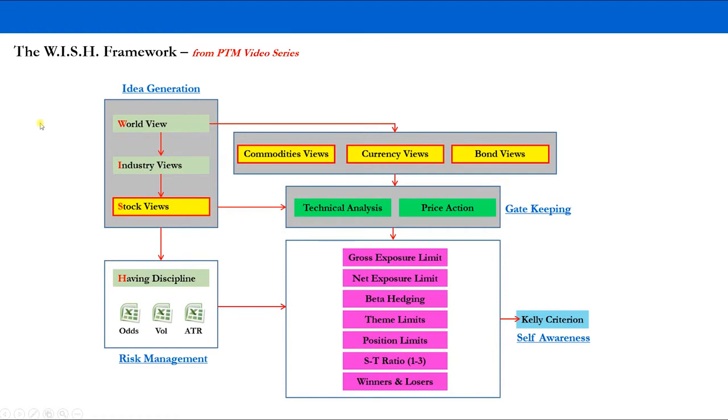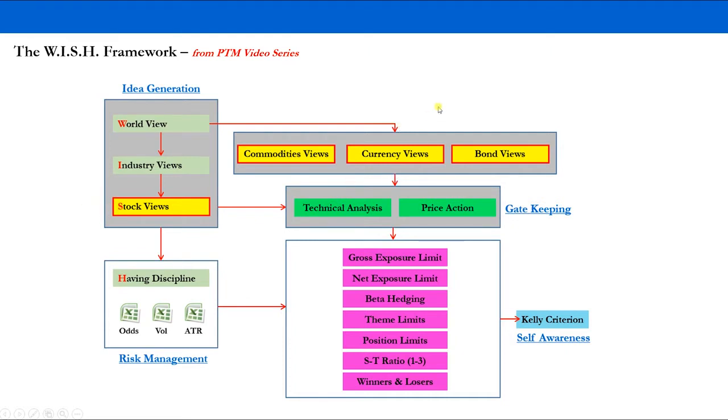And we start off with a top-down macroeconomic analysis because our worldview is driven by macroeconomic drivers. And then we overlay this with a bottom-up analysis because our drivers in the microeconomic analysis are driven by our micro drivers on industries and stocks.